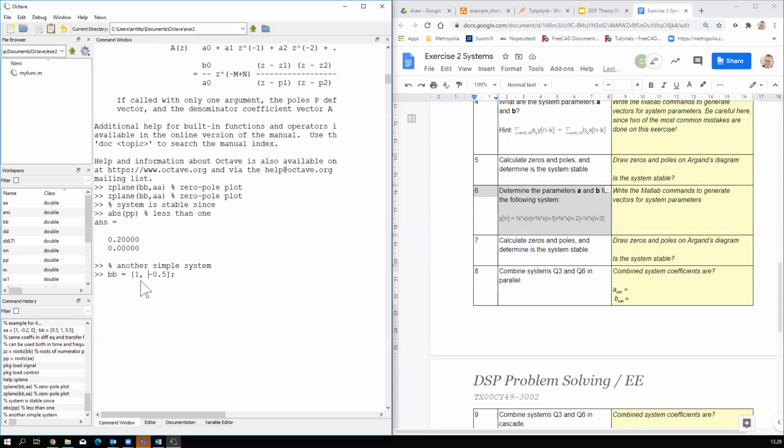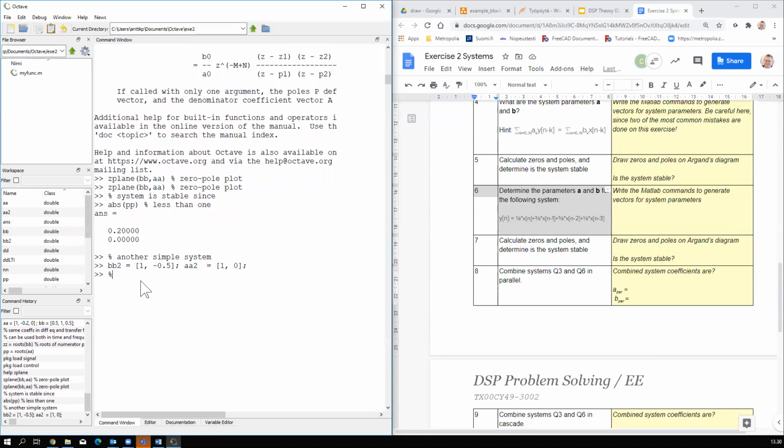And then, okay, this is the second system. I have two systems.